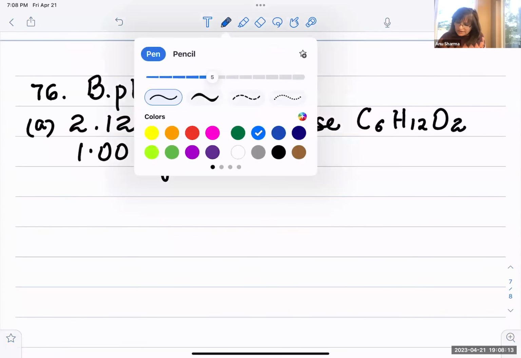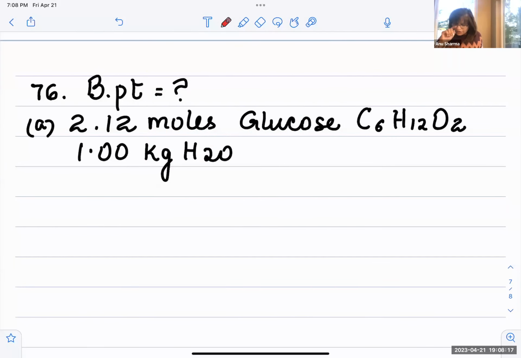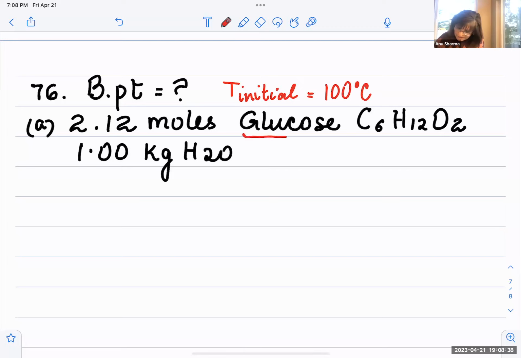Now, here's the thing. I added this problem because I wanted to make sure you understand. Here, the T initial, the boiling point of water, is 100 degrees Celsius. The only difference is that glucose is being added, and glucose is a non-electrolyte, it doesn't ionize.